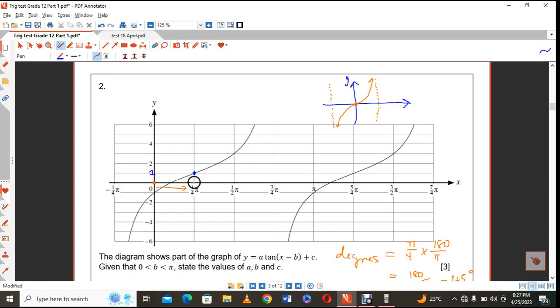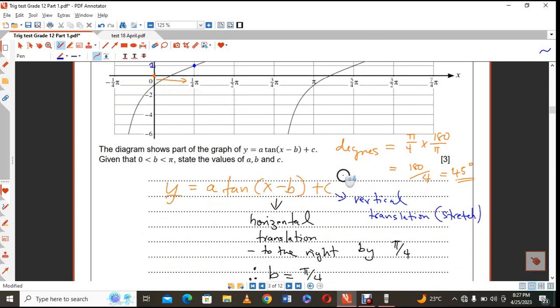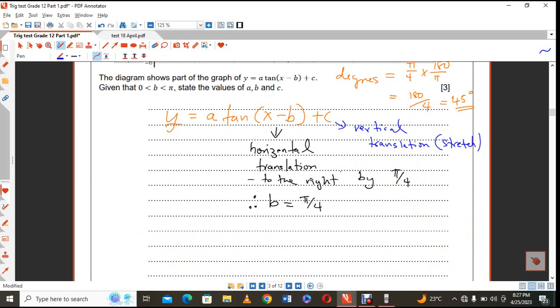So it went to the right by pi upon 4 radians, and then also went up, because you can see now it's cutting at 1 here as opposed to being at the origin. Because the original thing would have been something that went in that area. So we went up by 1, so therefore the C value can also be determined.